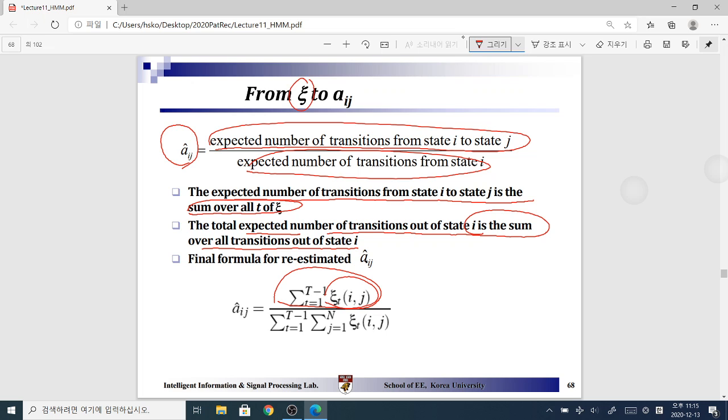In other words, we sum over all t, just like in the numerator, as well as sum over all j, because they are the transitions out of state i. So this is how we obtain the A sub ij estimate, or the re-estimate of the transition probability. The final formula for the re-estimated A sub ij would be this.